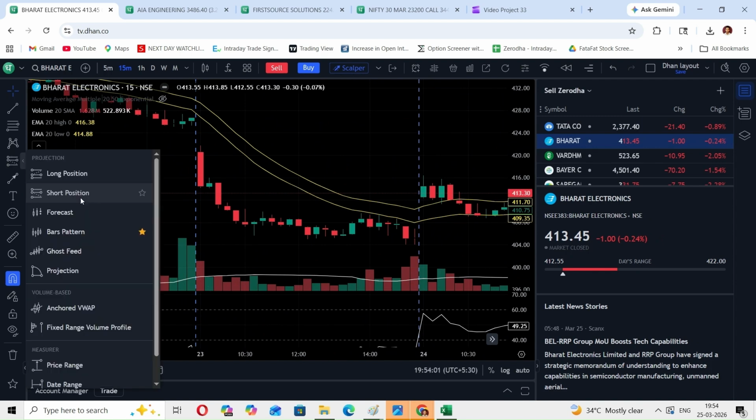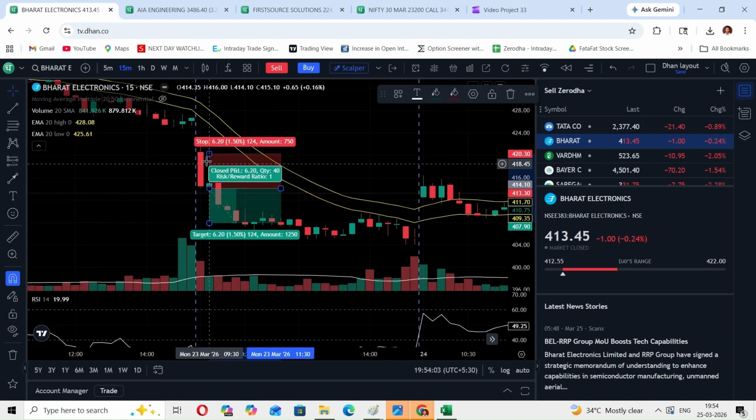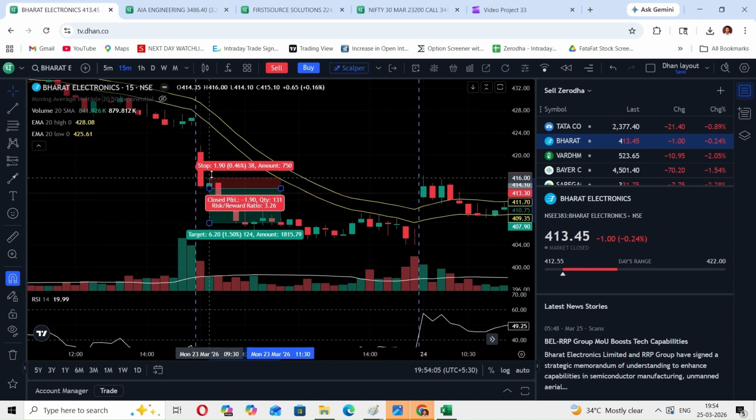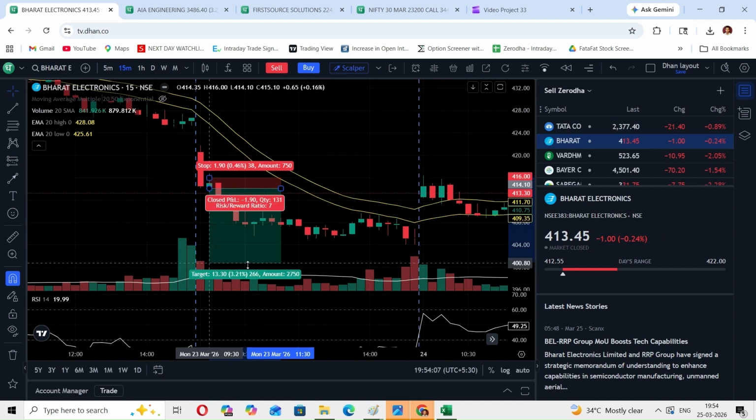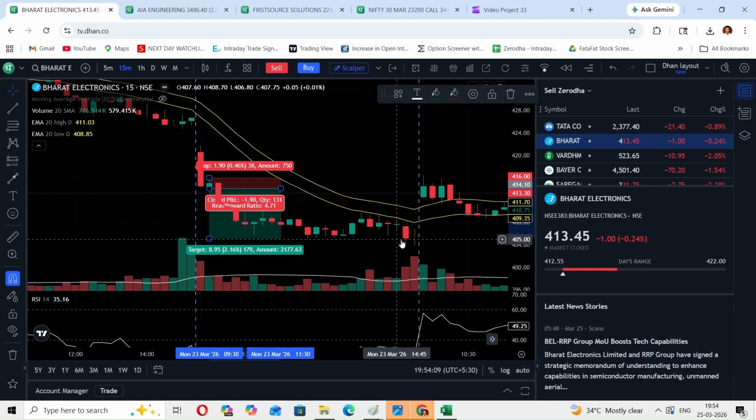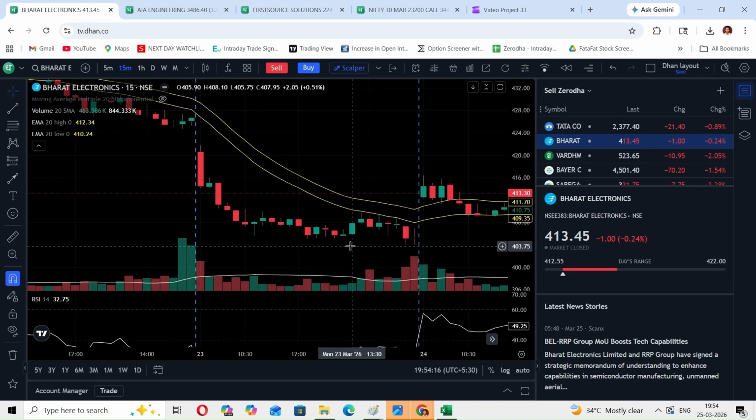So at low you would have taken a trade, high would be the stop loss, and if you would have exited at the end of the day, you would have got almost 1 is to 4.7 profit, almost 1 is to 5 profit in this particular trade, right?